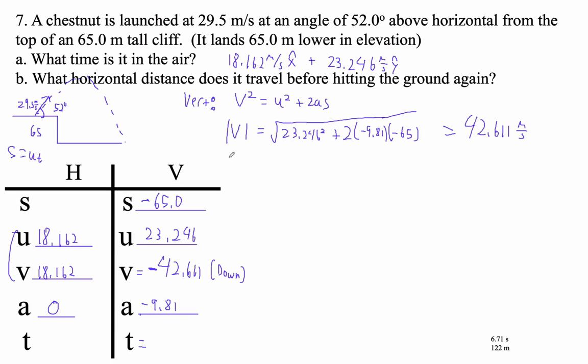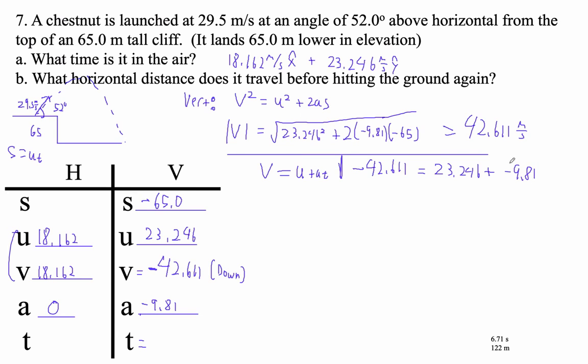And now I can use V equals U plus AT and find the time. So the final velocity is negative 42.611, and that equals 23.246 plus negative 9.81 times t.